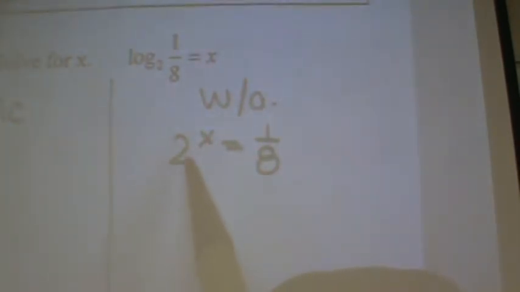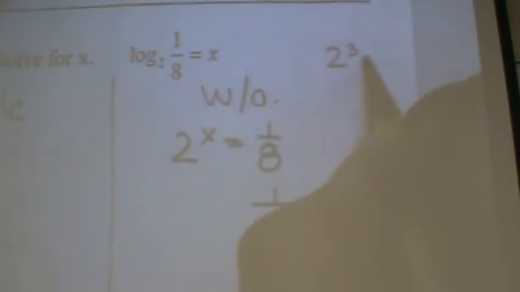Without a calculator, I would convert this to exponential form. So it would look like this. 2 to what power is 1/8? Now, one of the tricks in solving these without a calculator, see this is base 2. See if you can get both of these sides in base 2. Can 8 be written in a form of 2? What's another name for 8?